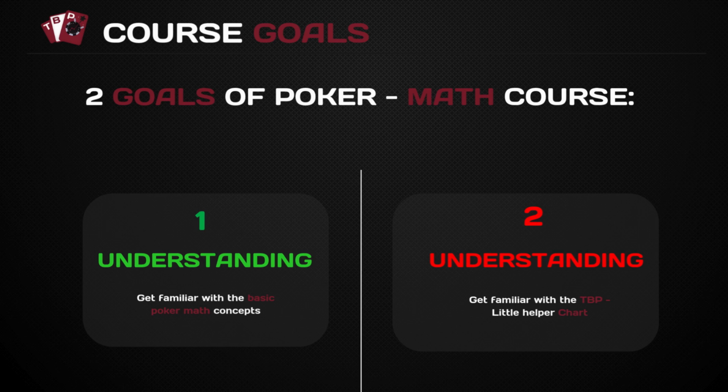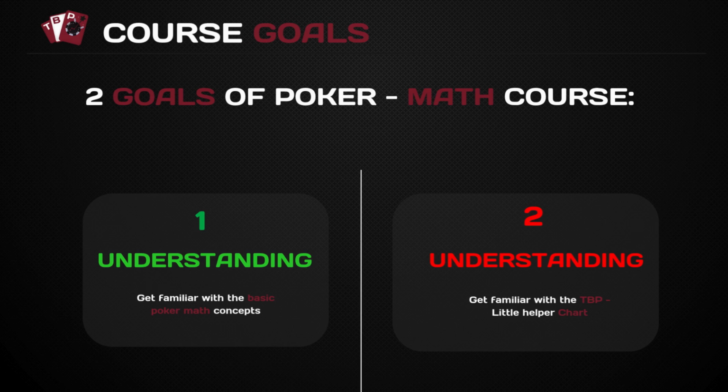This chart is called Little Helper. TBP and I created this chart as a helpful learning tool for poker math. It is supposed to act a little bit like a starting hand chart, so that it gives you a good guideline without fully understanding every detail of the poker math. And most important, this chart will help you with your in-game decisions at the poker table.